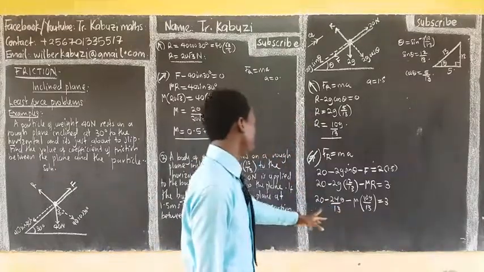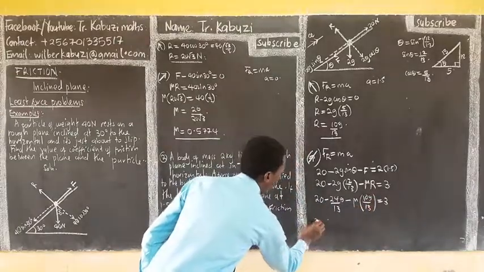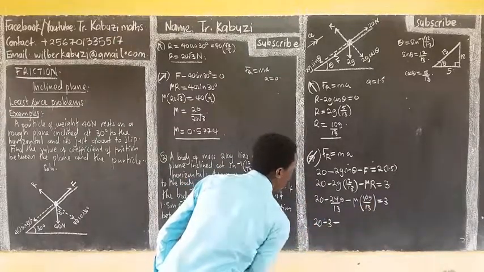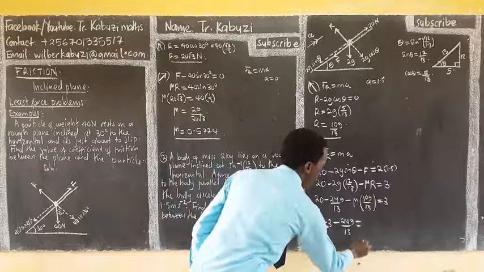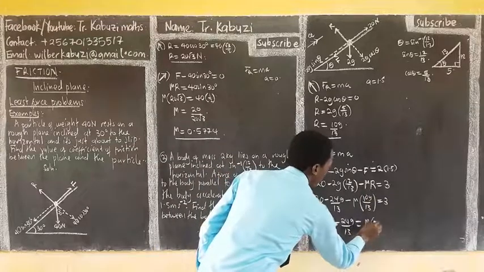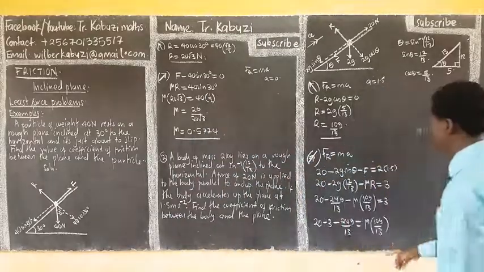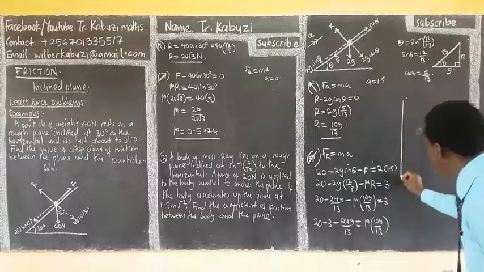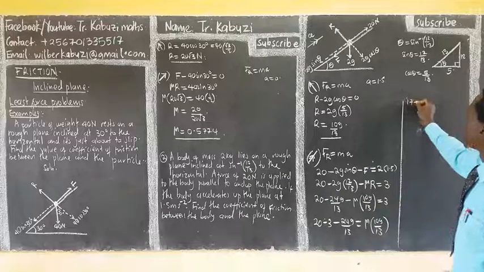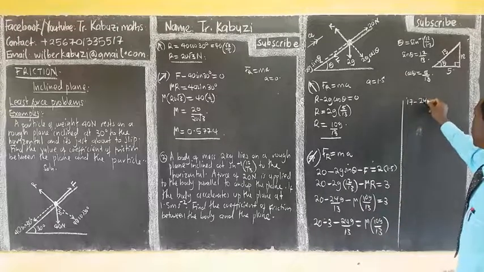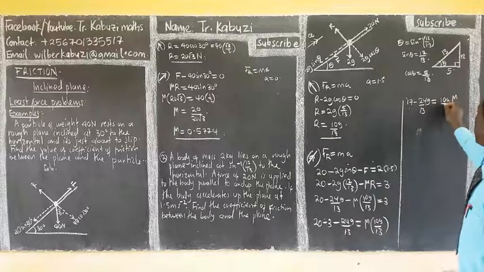Now, if I bring this side and take this side, I'll be having 20 minus 3, then minus 24g over 13, equal to mu into 10g over 13. So we have 17 minus 24g over 13 equaling 10g mu over 13.